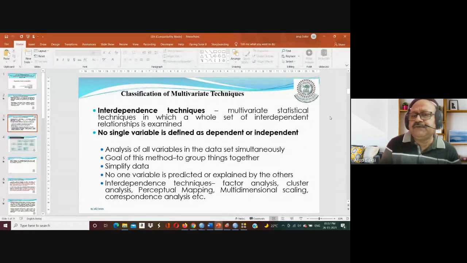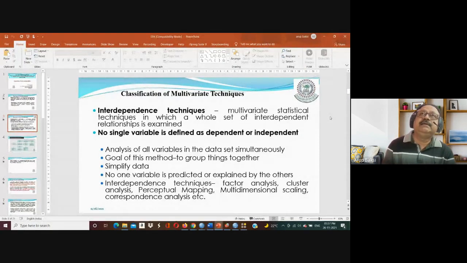So in case of selecting particular statistical applications or a particular course of data analysis, you need to be very careful about what kind of data you are accessing, what kind of variable sets you are having, what is the objective of your research, what kind of hypothesis you have constructed, and based on that you progress.